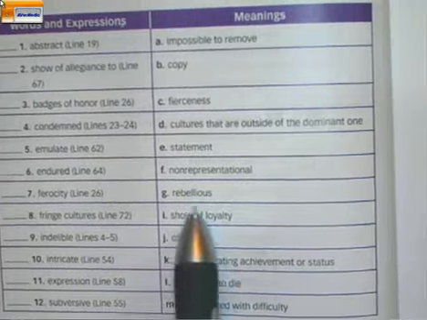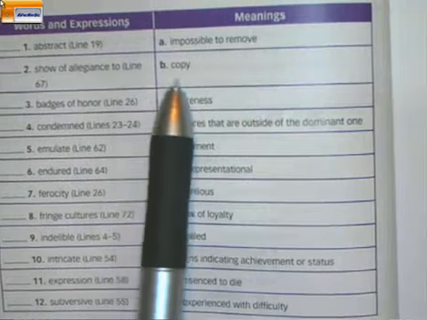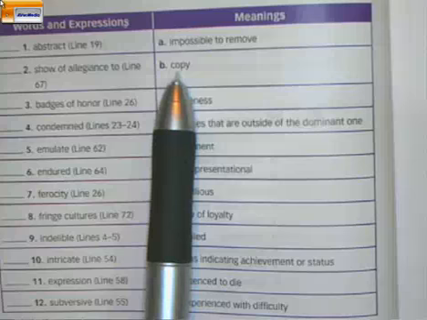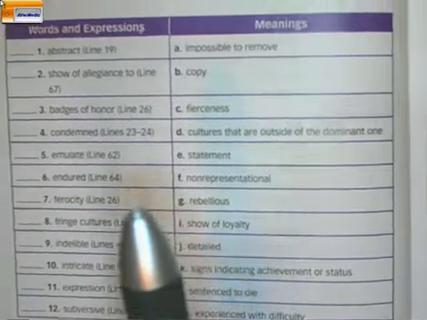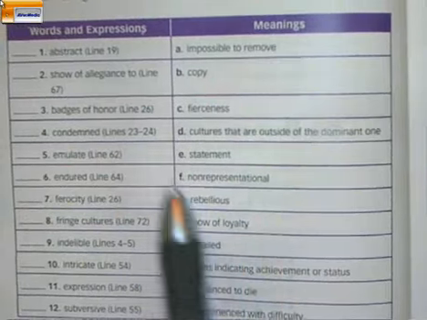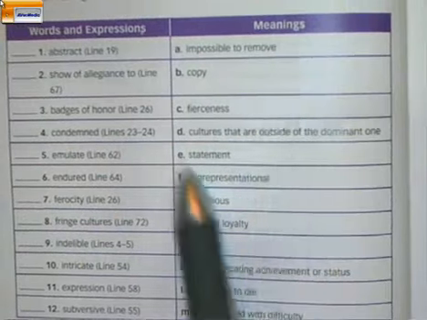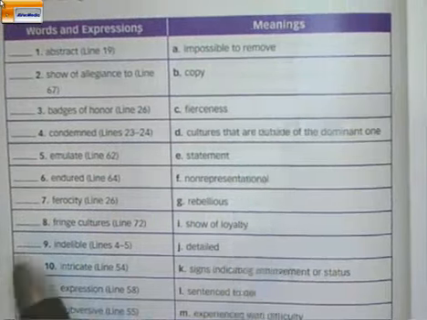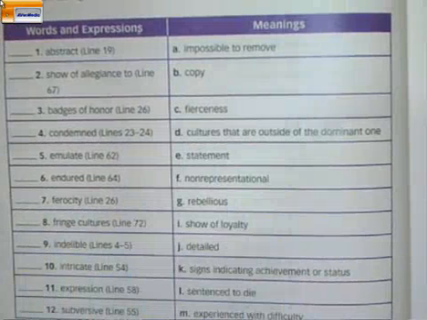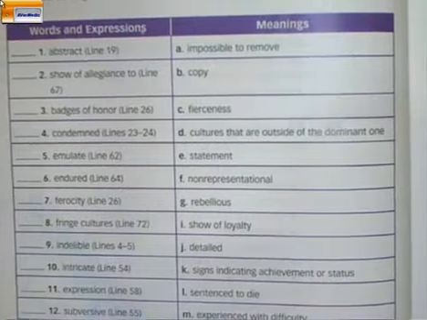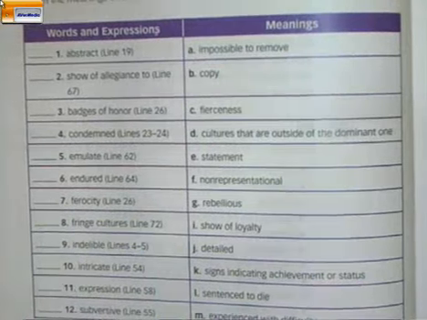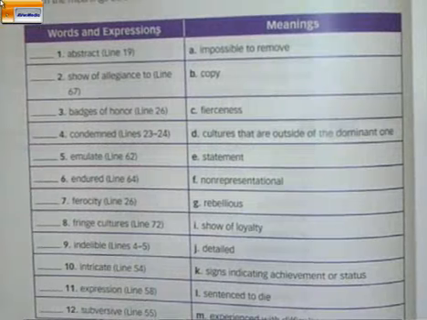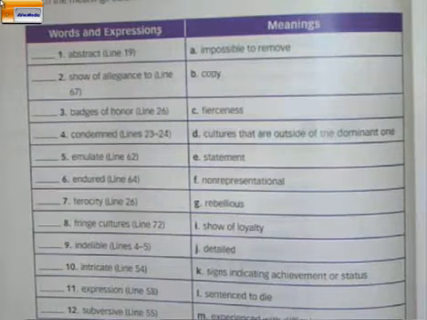And we kind of eliminated choice B, copy. But it seems to me that not all the remaining choices can give us a good idea as to what abstract really means. In that case, if you're stuck and you don't have a dictionary next to you, you're going to have to move on and see.